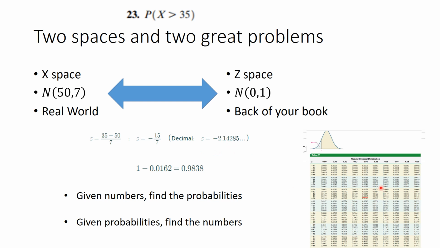We look that up in the table, and this is where we're looking, and we get 0.0162. But we have to subtract that from 1 because we want the area that's bigger than that, so we get 0.9838. Again, an example of given numbers finding the probabilities.